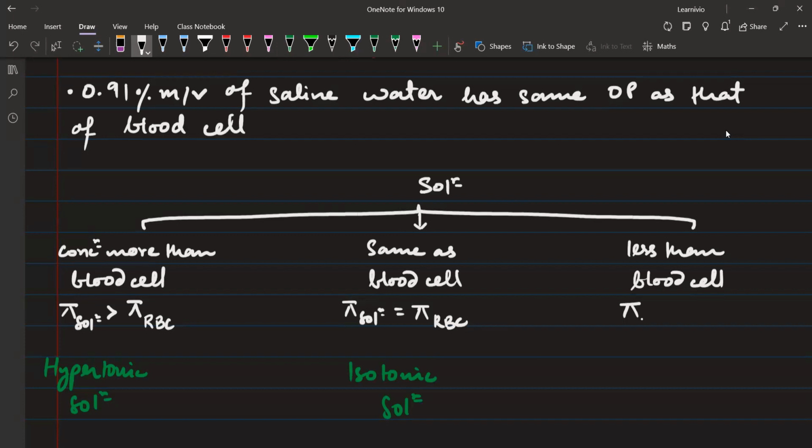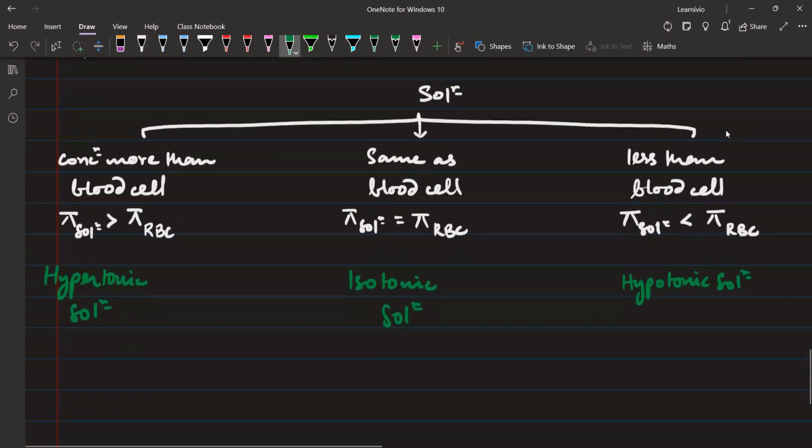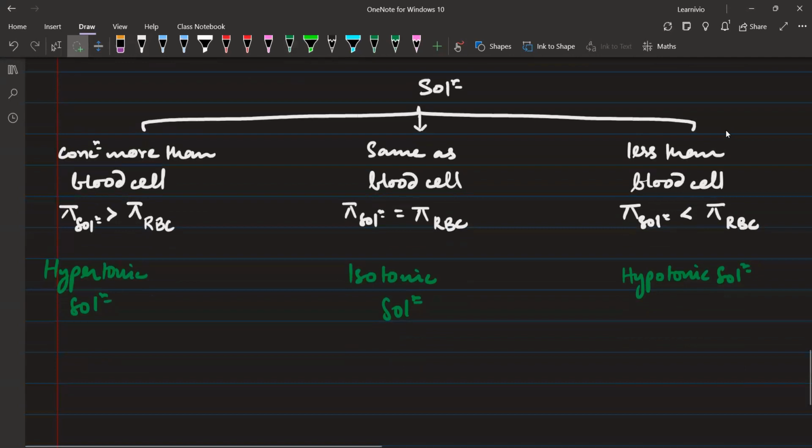In the next case, pi of solution will be less than the pi of RBC, and we will call this type of solution hypotonic. Now let us see what is happening in hypertonic, isotonic, and hypotonic solutions.